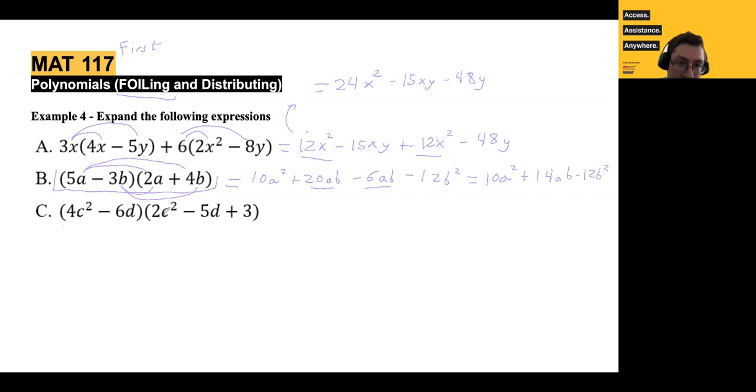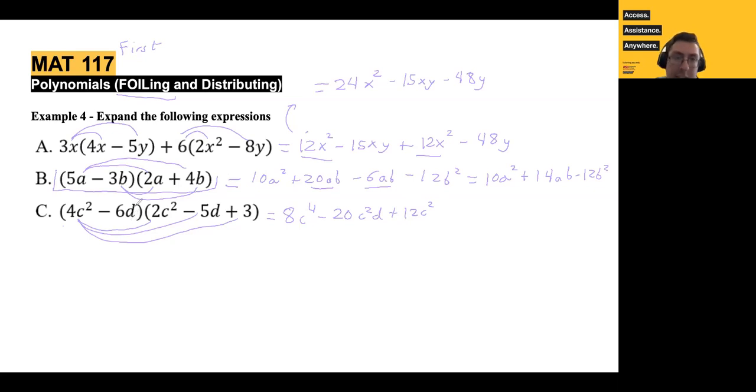So now for part C, now there's 3 terms in this. So there's going to be a lot more distributing going on. First, the 4c squared in all 3 terms. So 8c to the 4, minus 20c squared d, and then 12c squared.